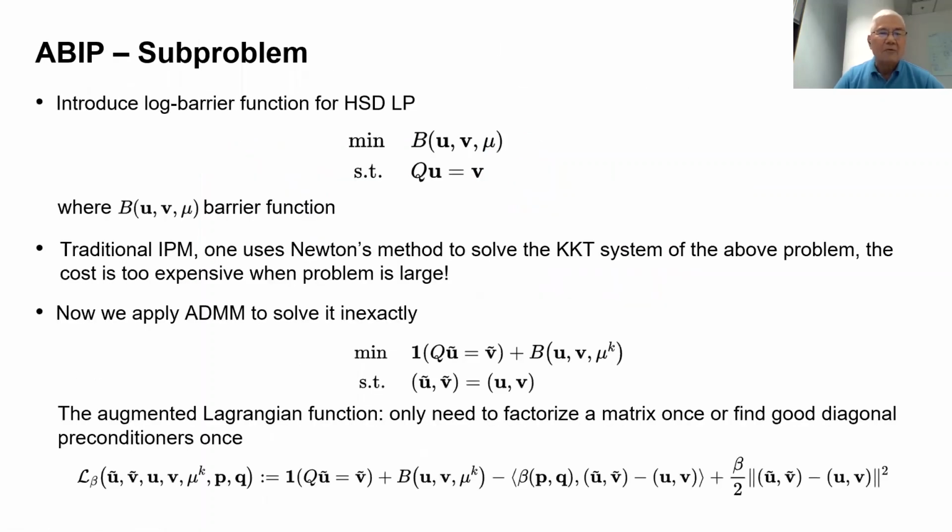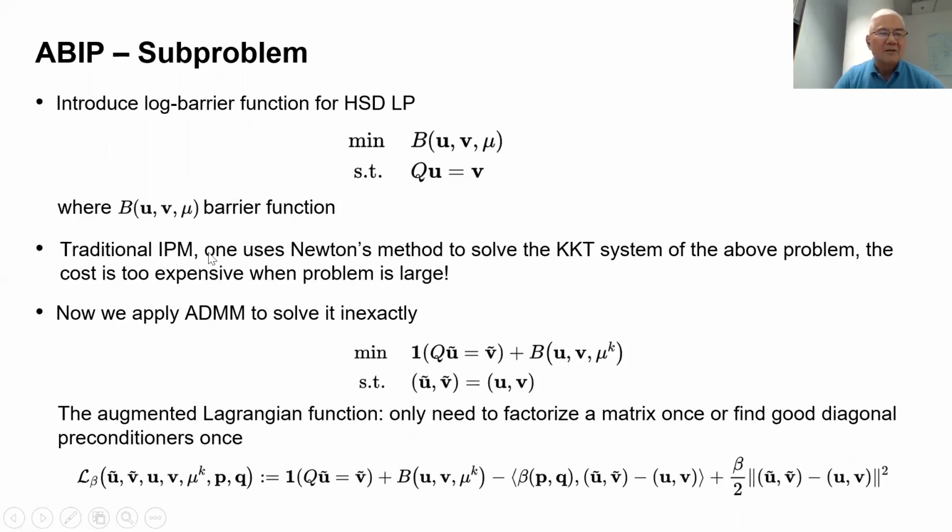Our approach is that the outer loop is still a log barrier function. We build the logarithmic barrier function given some mu, then we only need to deal with these linear equality constraints, because the non-active constraints are melted into the barrier functions.